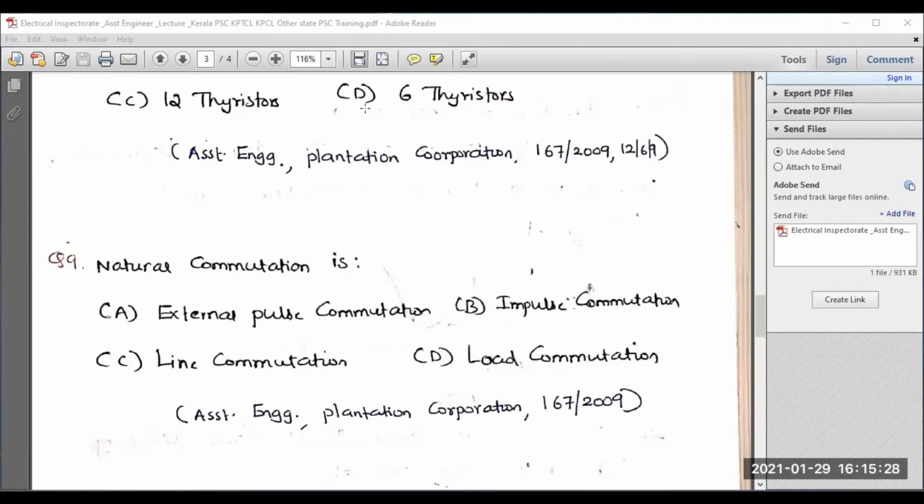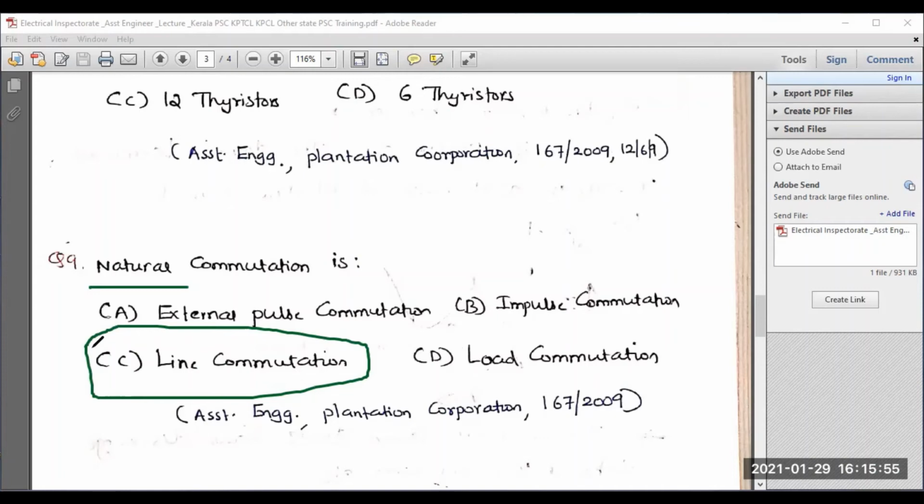Question number 9. Natural commutation is external pulse commutation, impulse commutation, line commutation, or load commutation. Natural commutation is basically called line commutation. Commutation is a method of turning off an SCR or thyristor.